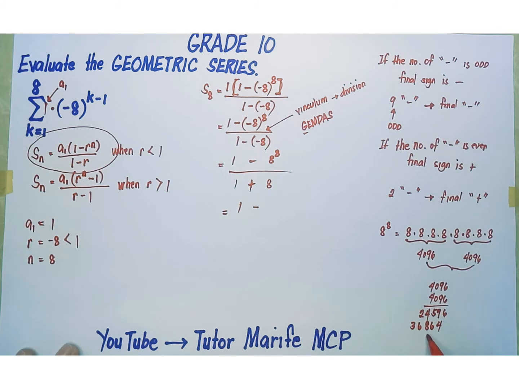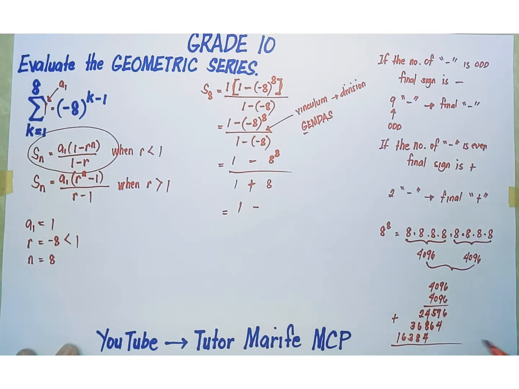So dito mo itatapat sa 8. Okay, skip mo yon yung 6, dahil dito sa 0 product ng 4,096 and 0. 4,096 times 4, 4 times 6 is 24. Sa 8 nakatapat. Carry 2. 4 times 9 is 36 plus the carry over 2, it's 38. And 4 times 4 is 16.